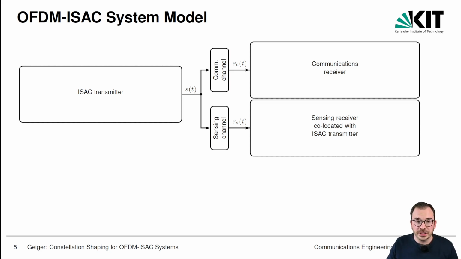So in this presentation, we consider a practical monostatic ISAC system. So we have here an ISAC transmitter whose transmit signal is used for communications and also for sensing. And in our monostatic or quasi-monostatic setup, the sensing receiver is co-located with the ISAC transmitter. So the sensing receiver knows the transmitted symbols.